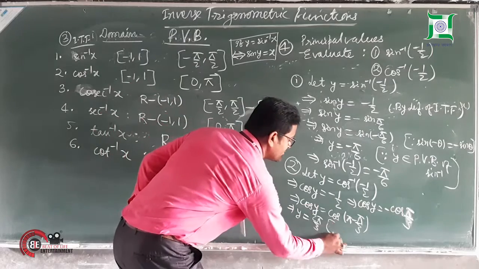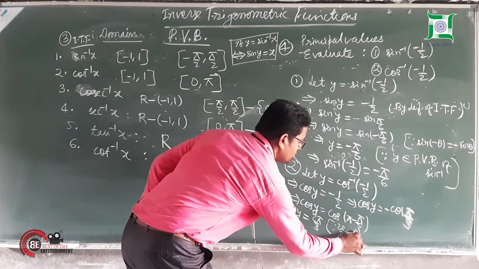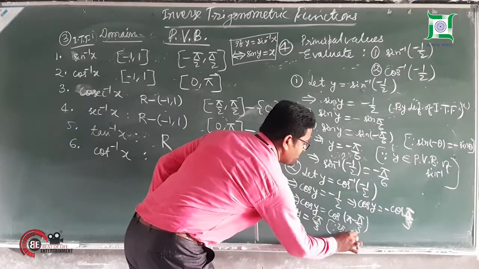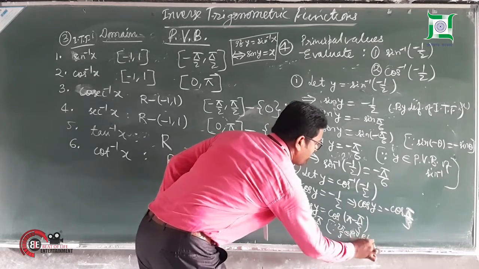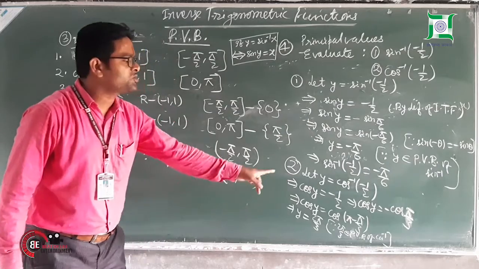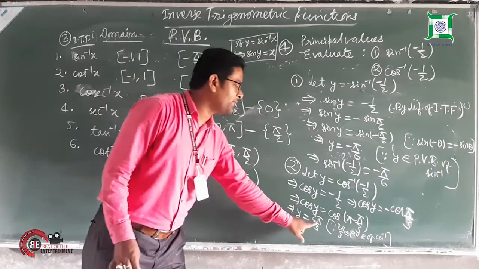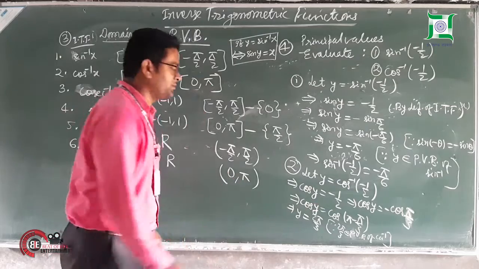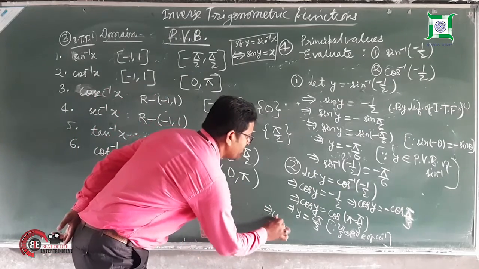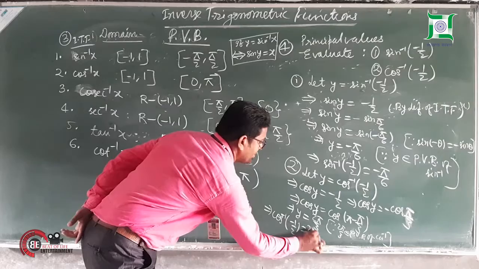Since 2 pi by 3 belongs to the principal value branch of cos inverse, it will be permissible. So can you write cos inverse minus 1 by 2 is equal to 2 pi by 3?